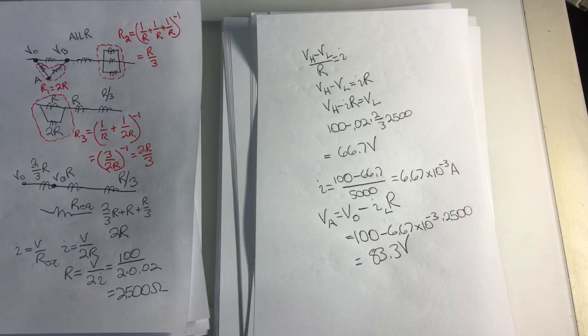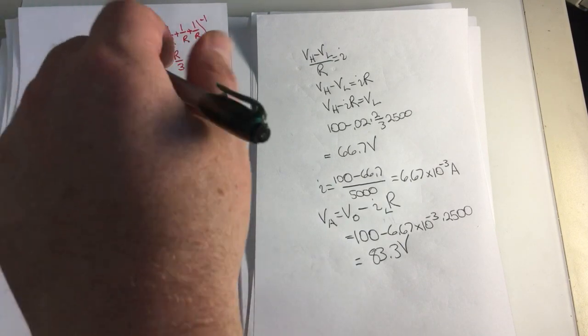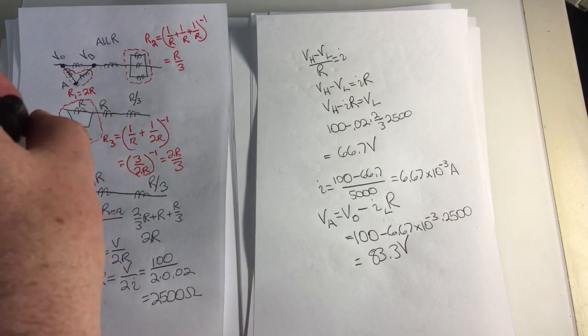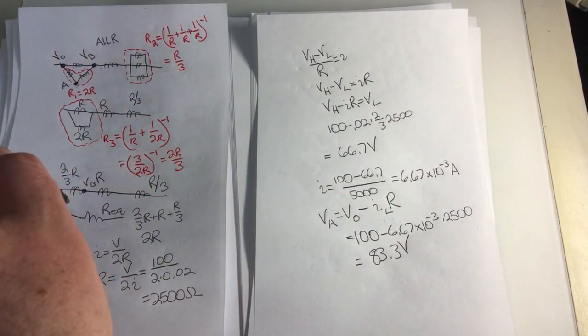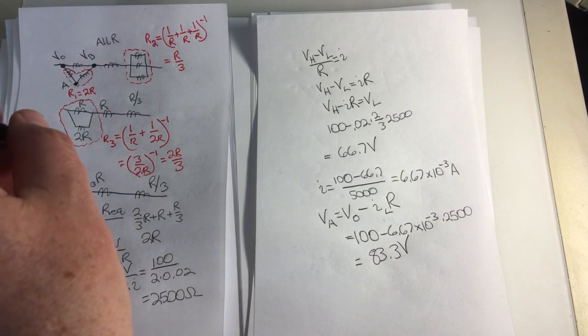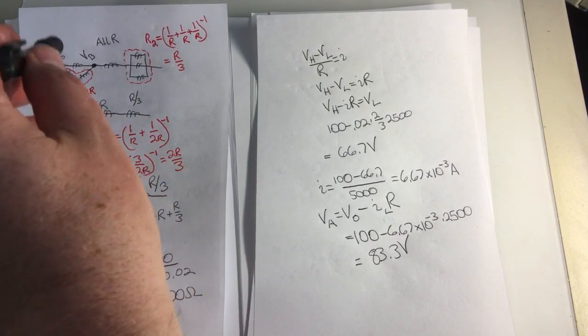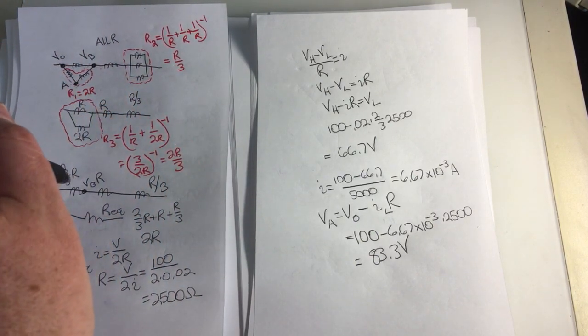Yes? Where you found V low, where did you get the 2/3? What I had to do was get to this point of the squishing. So you can treat those 3 resistors as a single resistor to get to VB.